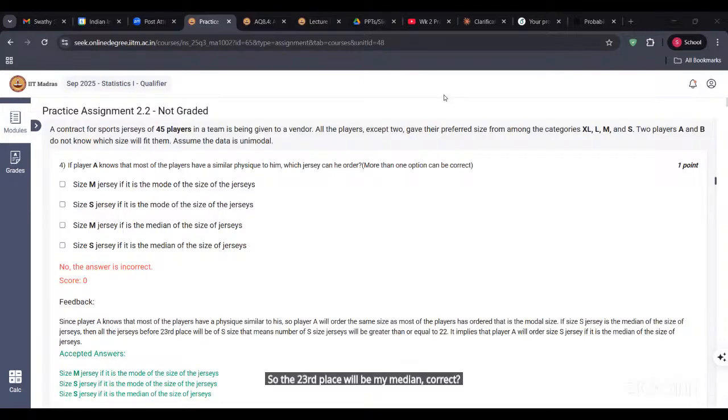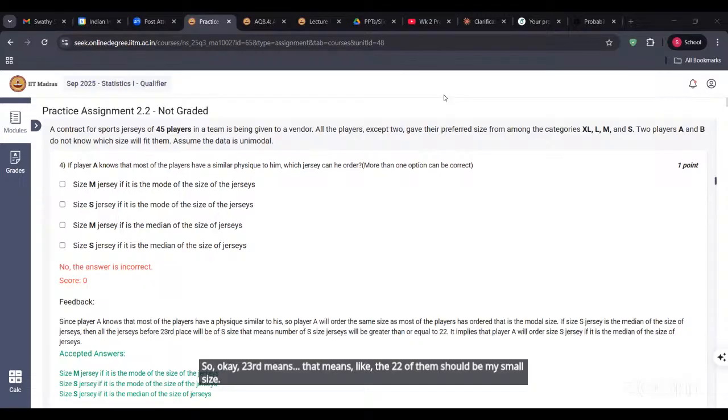Now here we can have an option in which size S jersey. Okay, 23rd means 22 of them should be my small size, and the 23rd.